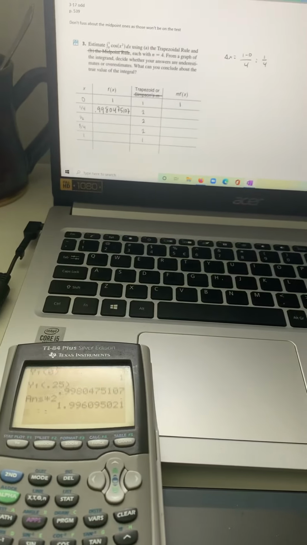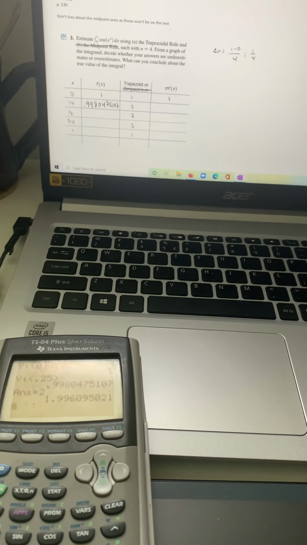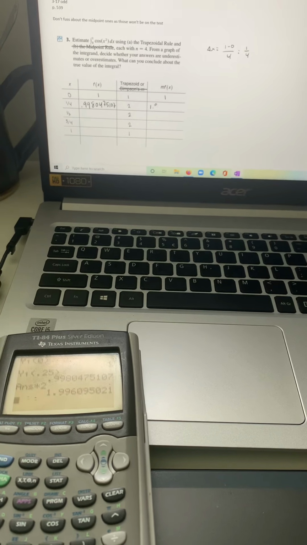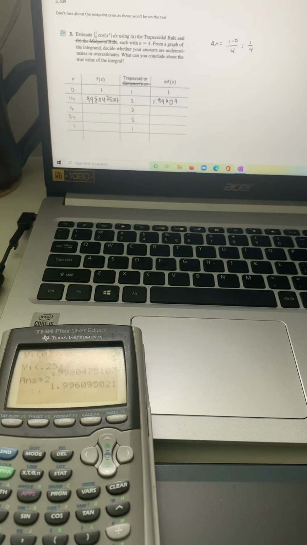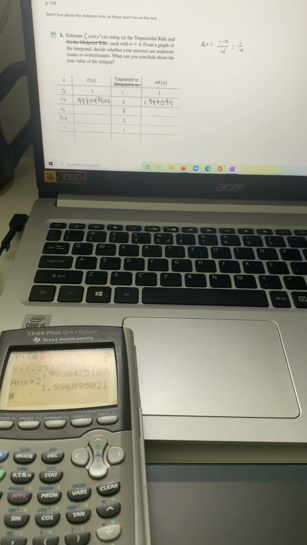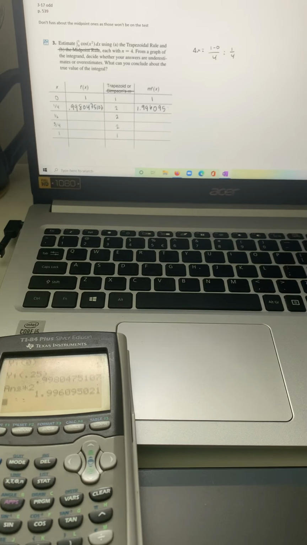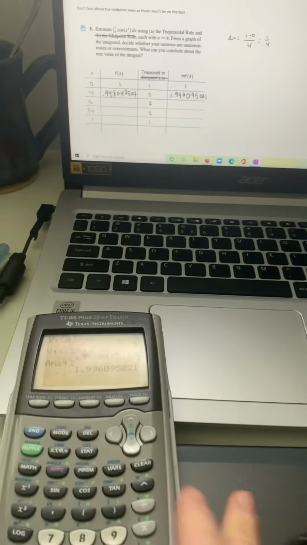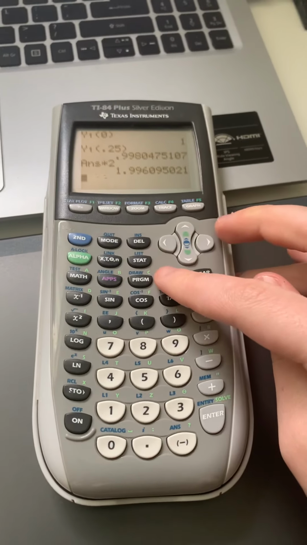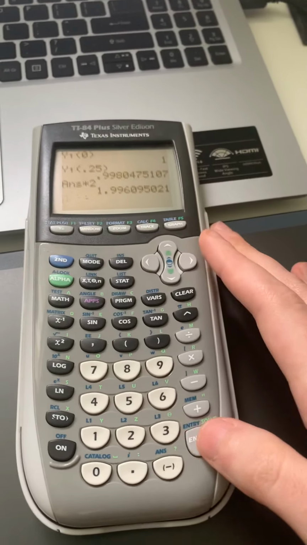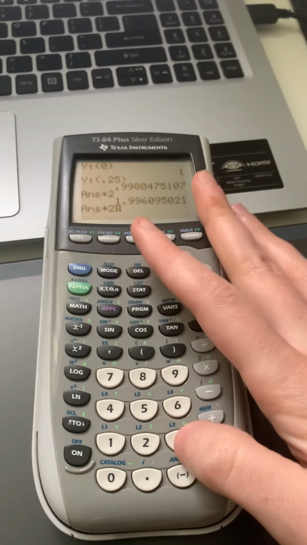So multiplying that by 2 gives me 1.996095021.